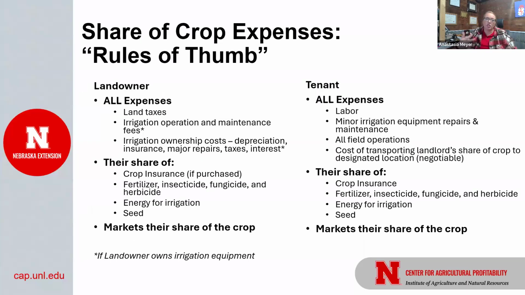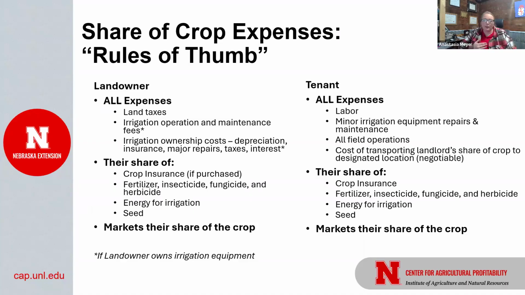But I do have this general rule of thumb for how crop expenses are shared in a crop share arrangement. The landowner is going to pay all the land taxes, and if they own any irrigation equipment, they're going to pay for the operation, maintenance, insurance, depreciation, major repairs, all of that.